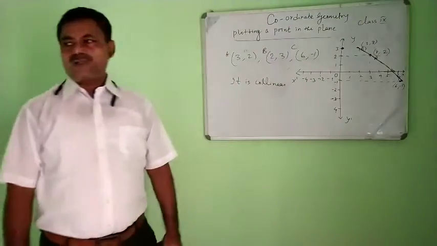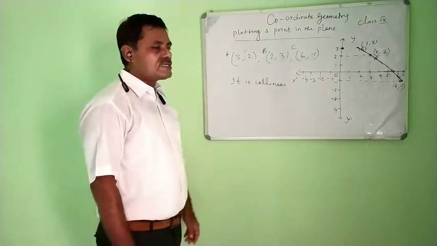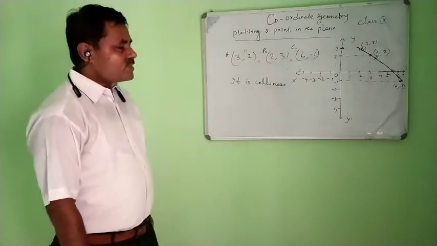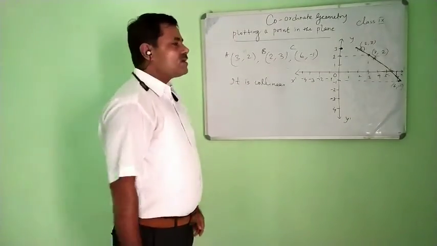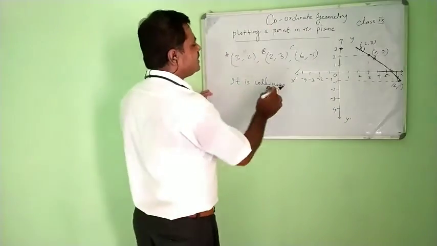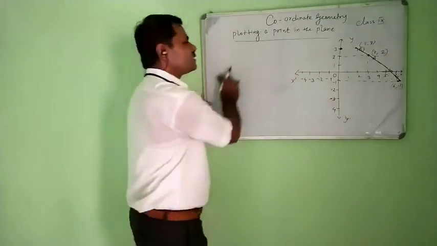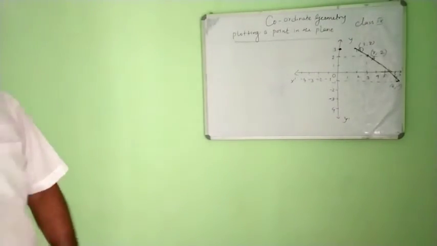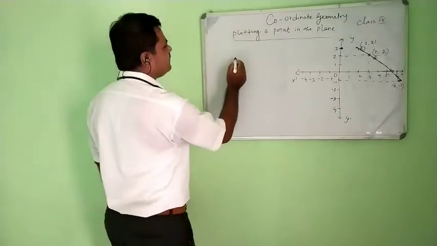Now, sometimes you will be given the coordinates of a certain figure and you are asked to recognize which figure it is. For example, I am giving you such coordinates, and I have to plot them on the graph paper and recognize which figure it is.